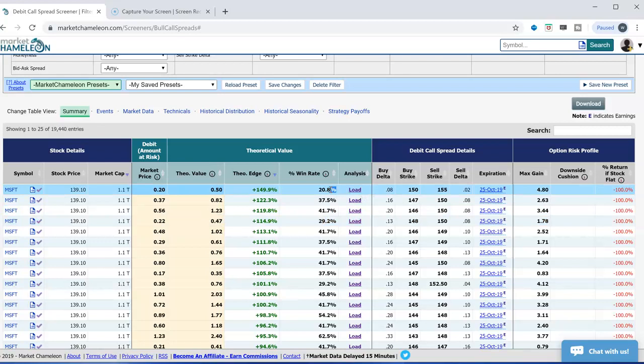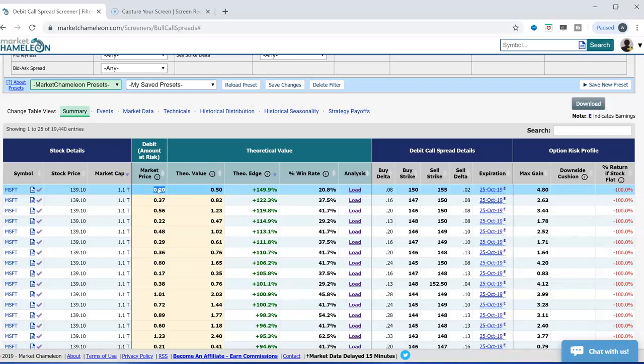So here, what this is saying is, if you did this similar spread in Microsoft for 20 cents, with the stock price the same distance away from the strikes and this amount of time to go, then on average at expiration, the end value was 50 cents.